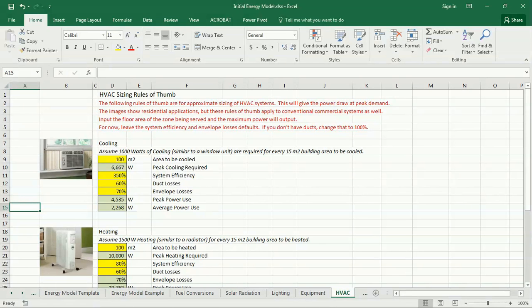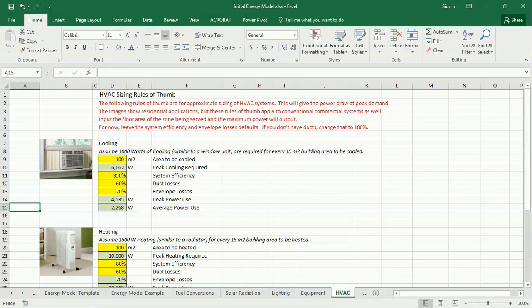The logic here can be applied to much larger buildings, much larger systems, but at least I hope this gives you some basis in your own experience for understanding what a watt of cooling represents.